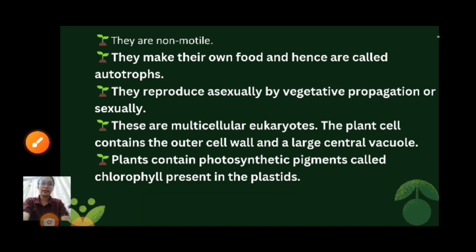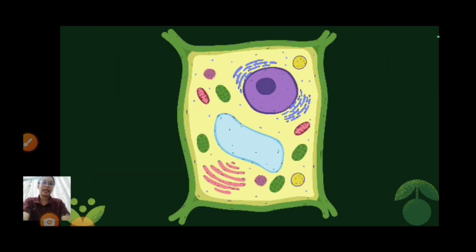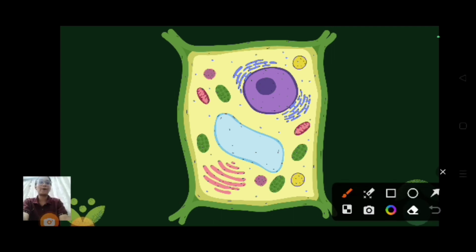These are the few characteristic features of a plant which you have to know. So moving on to the next slide. This is the diagram of a plant cell where you can see the outer cell wall. The inner one is the cell membrane.